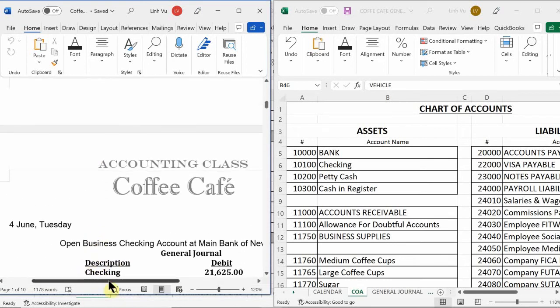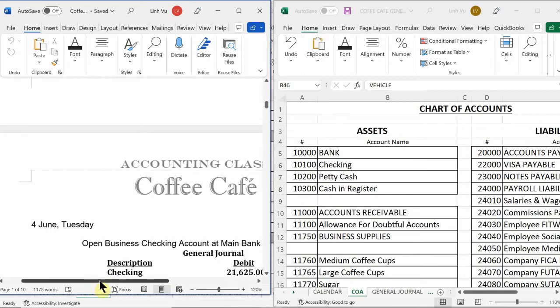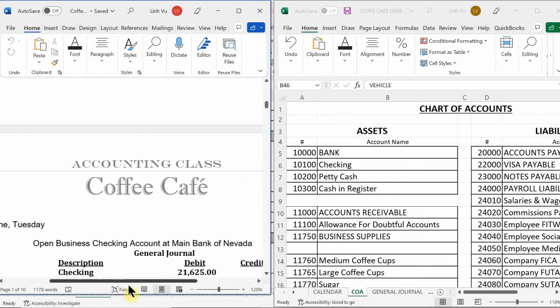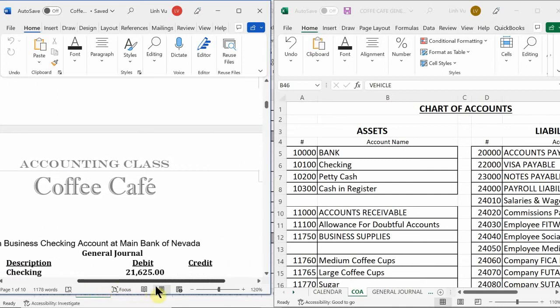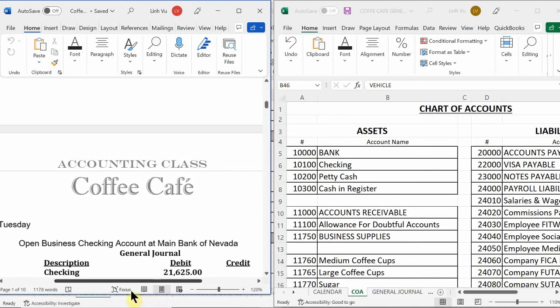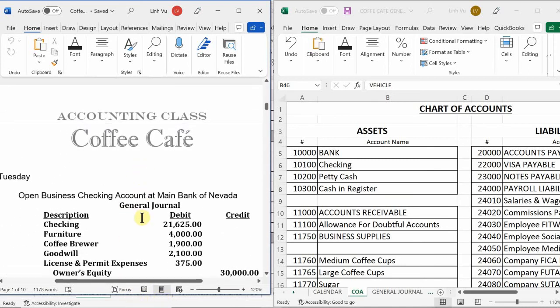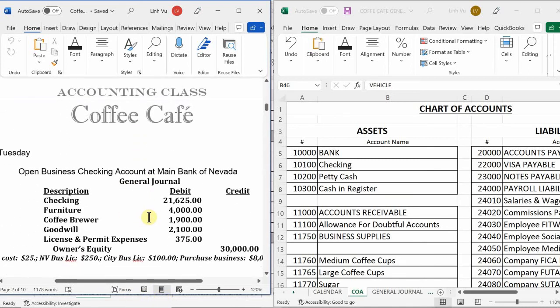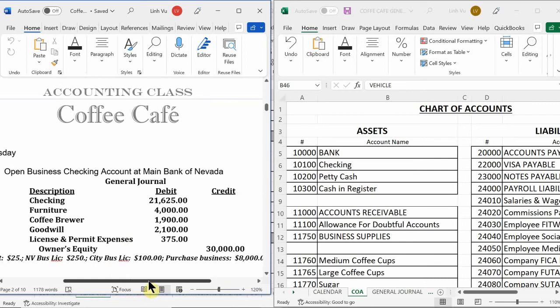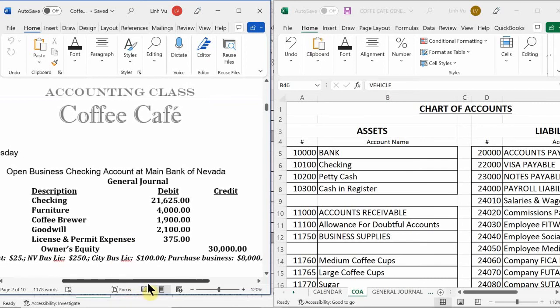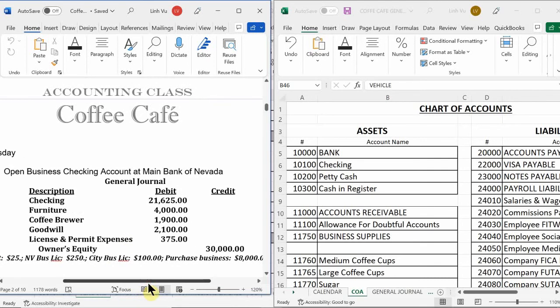So then, that very same day, we decided to open our business checking account at Main Bank of Nevada. Okay. So here we're going to transfer all the rest of the money that we had from the $30,000 that Bob said he dedicated to invest in his company, right? So how do I journalize this?